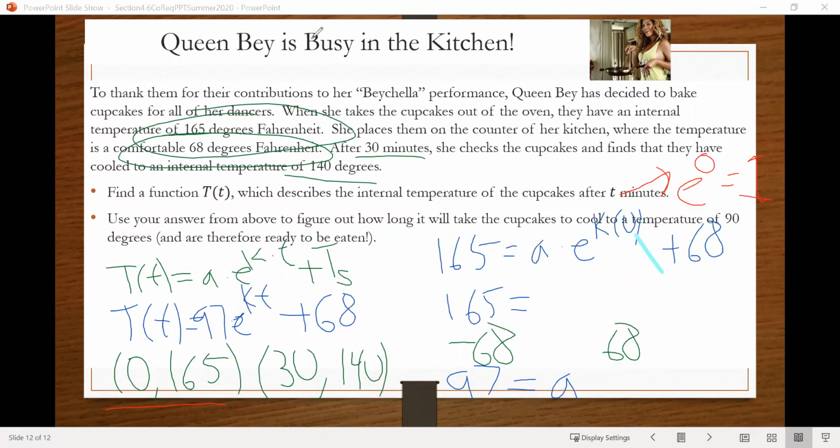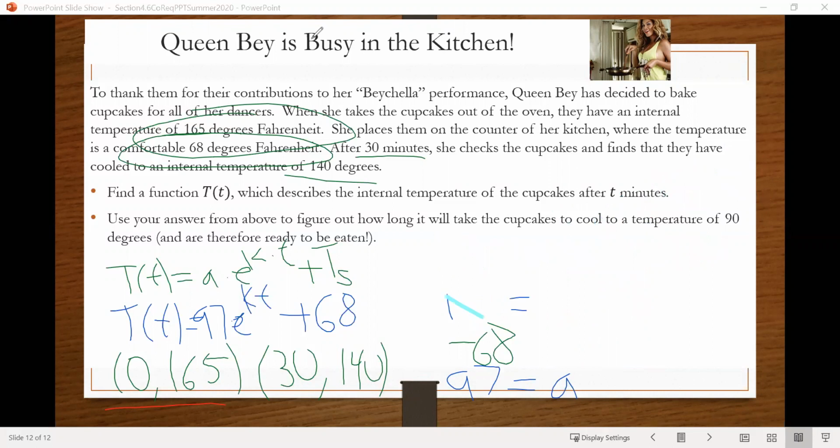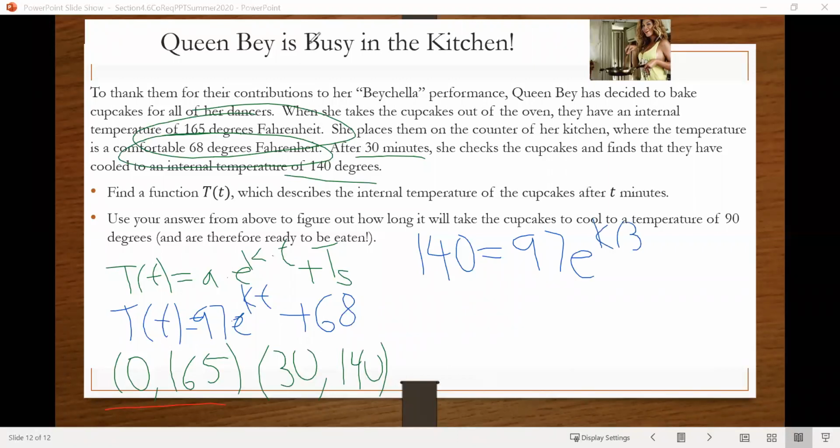Okay, and then we need to use our other point now to solve for the value of k. So we plug that point in now, so we'd have 140 equals 97 times e to the k times 30 plus 68. And we'll solve for k.